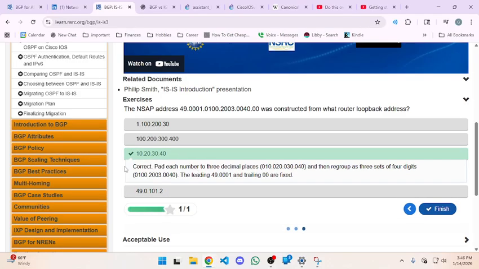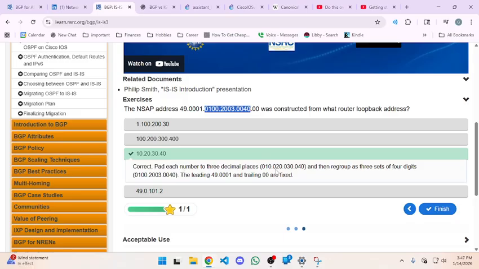Let's see. Yeah, so pad each number to three decimal places and then regroup as three sets of four digits. The leading and the trailing are fixed. Yeah, I remember that. So yeah, you pad it out. And how does the padding work again? It's been a while since I went over this.